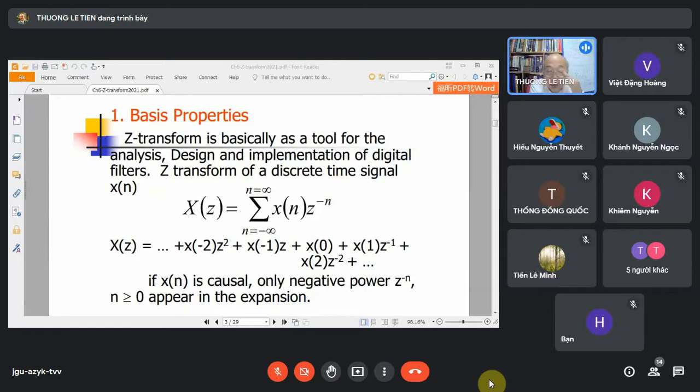I showed you already when we started the course, all of the signal transformations and the equivalent or corresponding Fourier analysis compared to the Z transform.